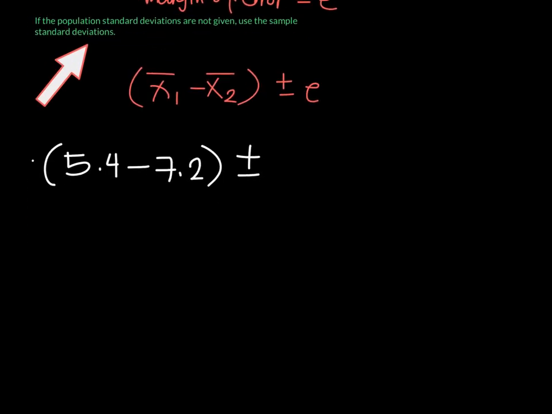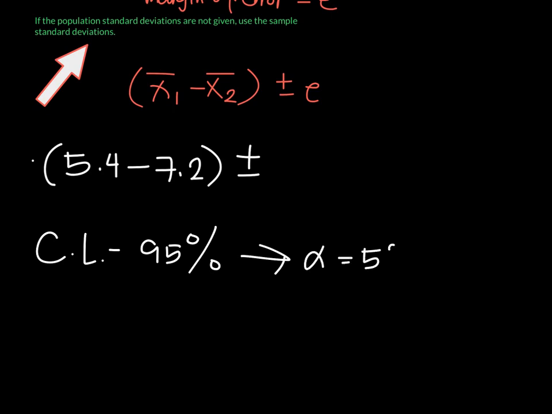So since our confidence level is 95%, this means that alpha, which is the complement, is 5%, because this and the confidence level must add up to 100%.